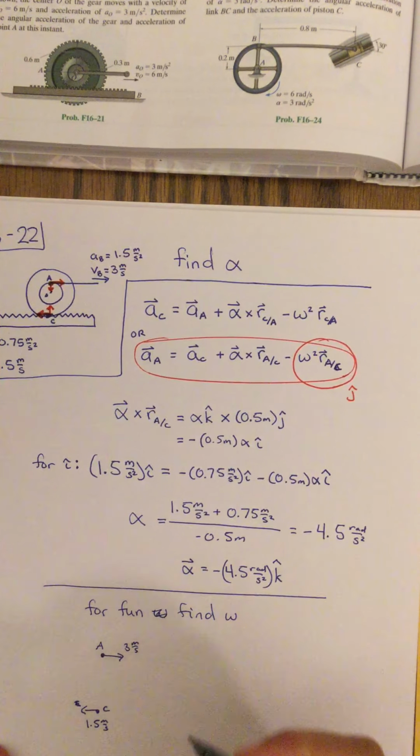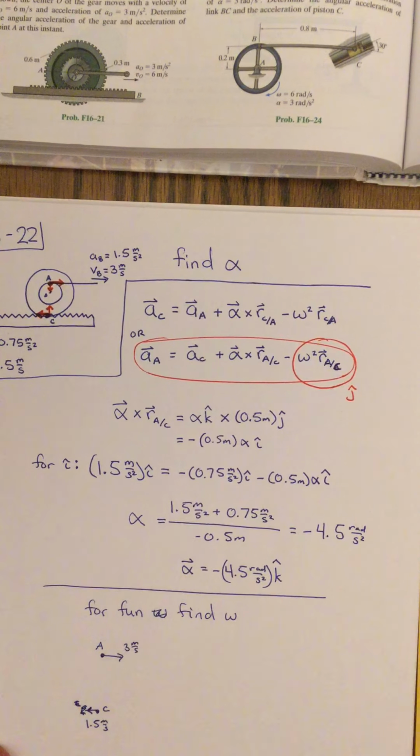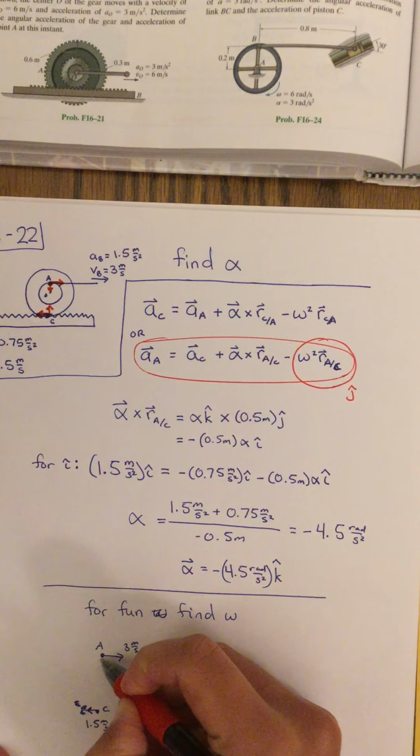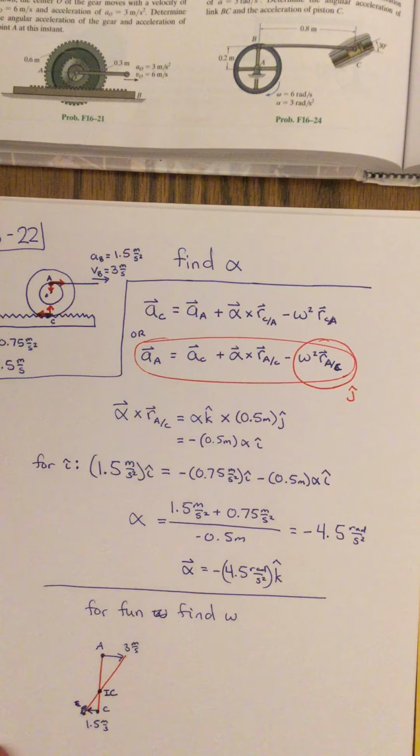Now, I should have drawn the vectors to scale. So 1.5, that's half of 3, so let's make this a little smaller. Okay, now I can draw a line between point A and point C and draw another line connecting the tips of the two arrows, and this shows me the location of the instantaneous center of zero velocity.